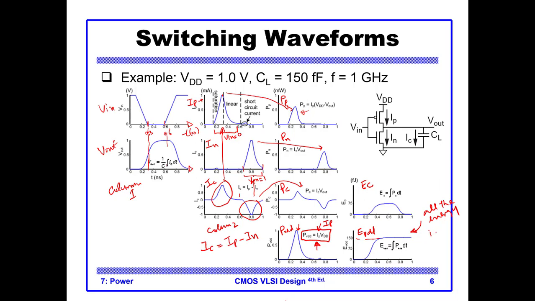It means the energy in discharge plus energy in charge. You can say that all the energy means the half C VDD square that is dissipated in PMOS plus half CL VDD square that is stored. So it is the sum of all the energy.